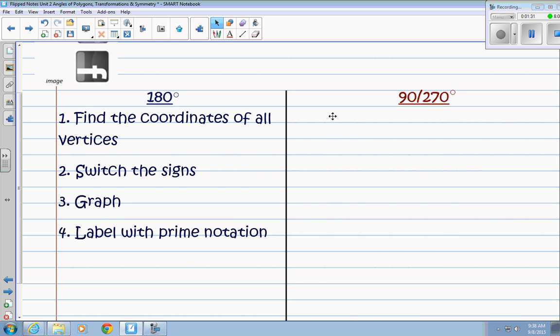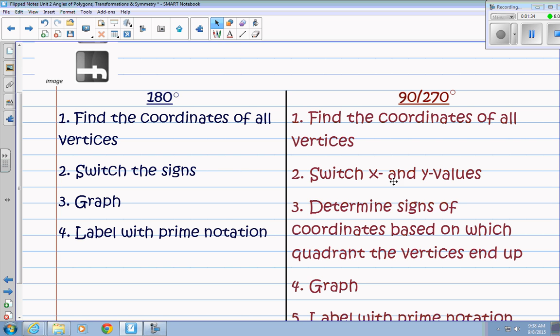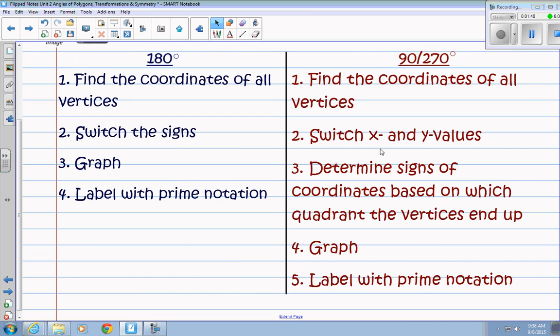In 90 and 270-degree rotations, we need to find the coordinates of all vertices again. Now, in addition to switching the signs, we need to switch the x and y values. We're going to determine the signs of the coordinates now based on which quadrant the vertices end up in.